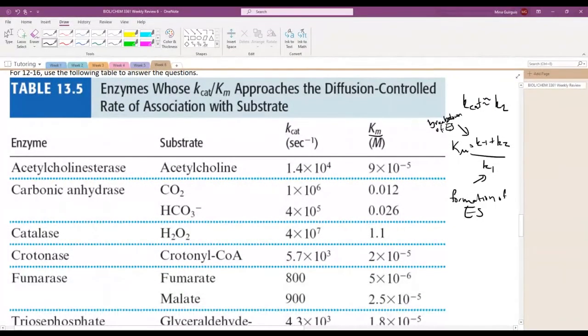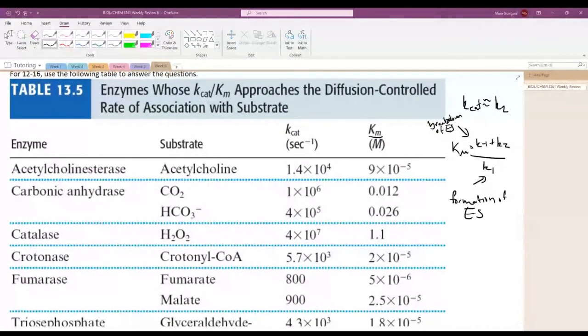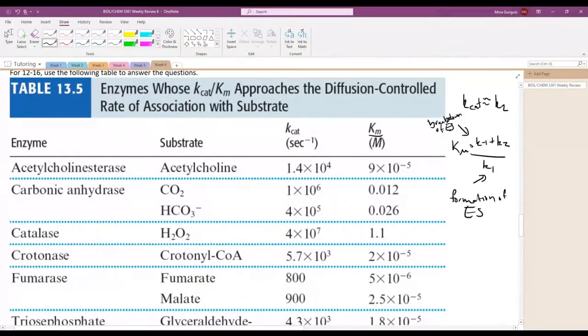So what it's telling us is basically the affinity of the enzyme for the substrate, okay?